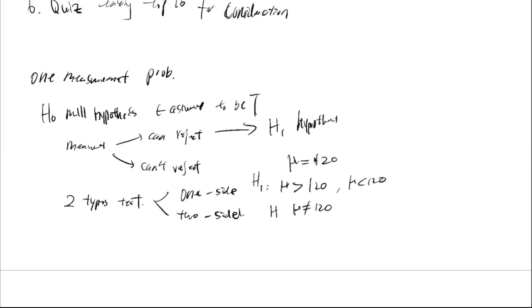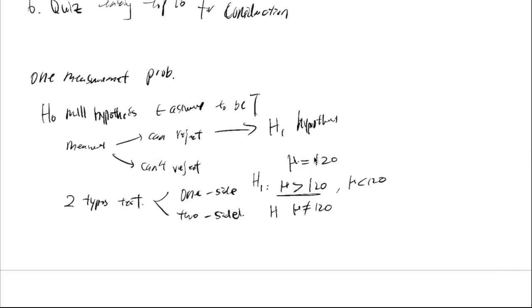So what does it mean? For example, if we're measuring a patient's blood pressure, and we're claiming that the blood pressure of a normal person is about 120, our hypothesis testing can be one-sided. If we are in a hospital, we're saying that those patients might have high blood pressure, and our alternative hypothesis can be that the actual blood pressure for this patient is higher than 120.